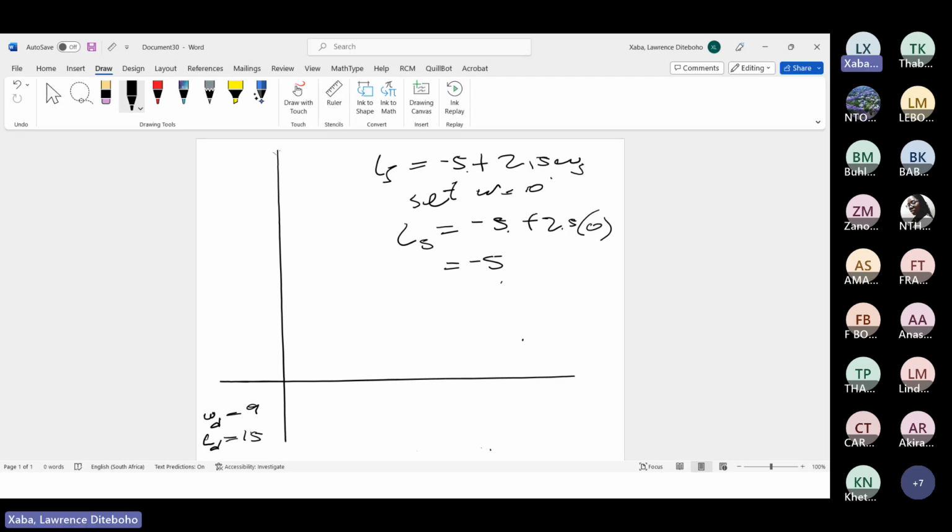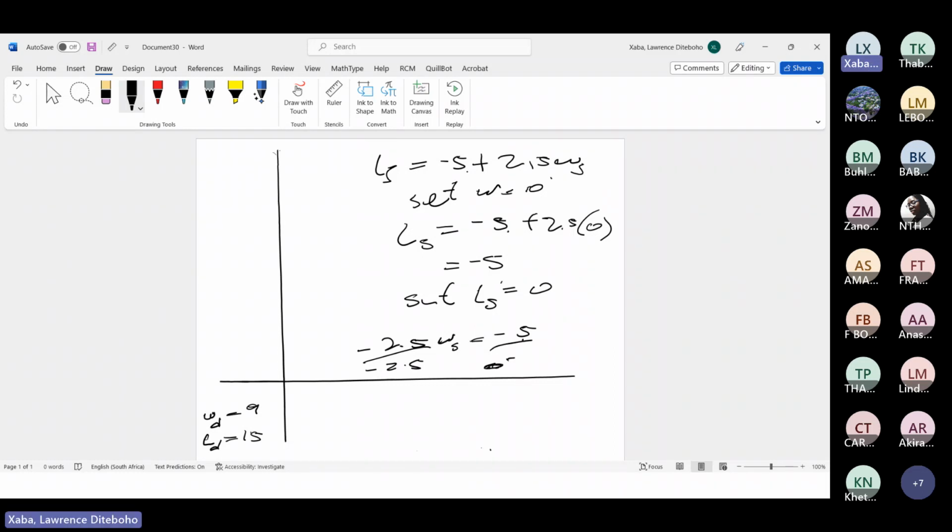Then we do the same. Now we set LS equals 0. When we do that, we end up having -2.5 W equals -5. Then we divide both sides by -2.5.